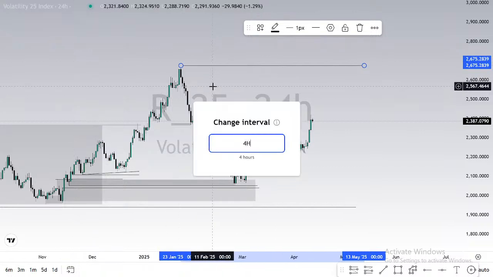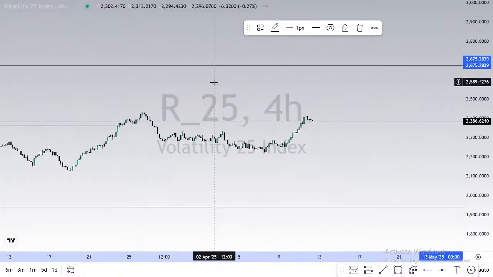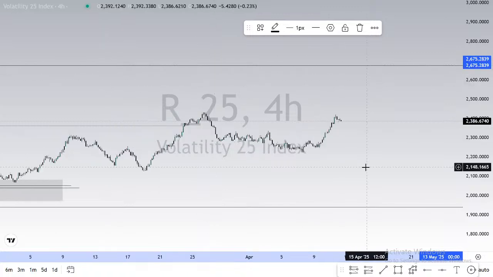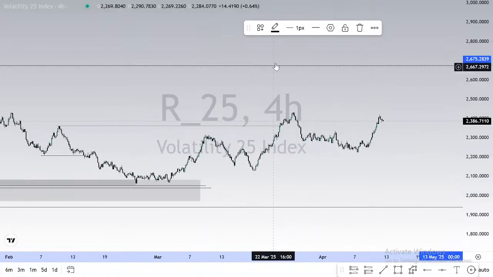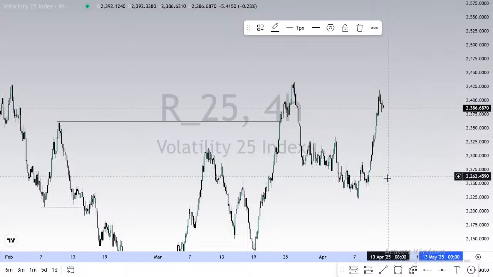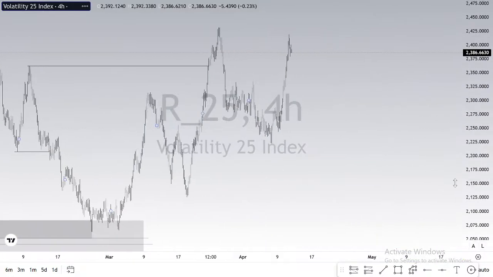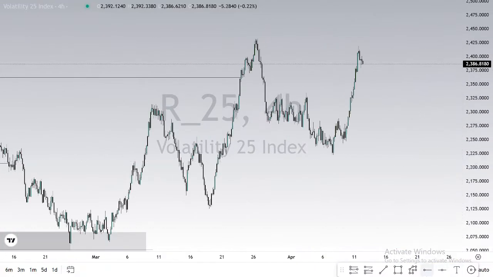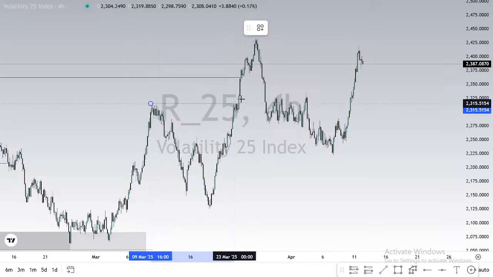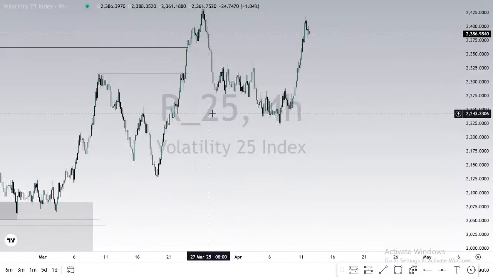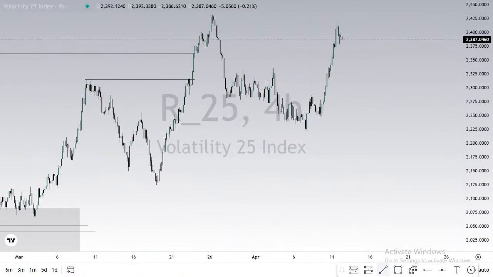So I'm just going to be going to my 4 hours time frame. So where do we have our last break to the upside? We had our last break to the upside. And this low is a strong low.